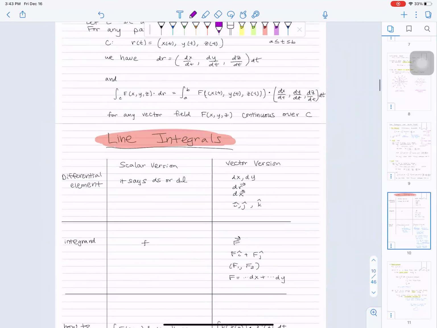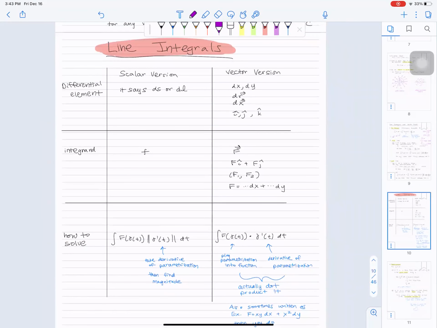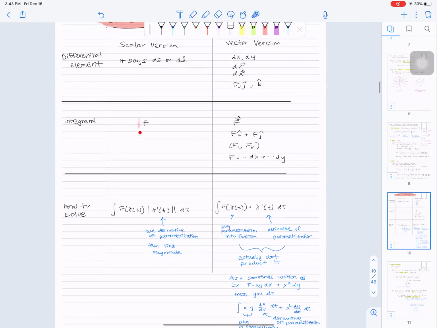Here I have a summary of when you should do what when finding a line integral. If they give you this lowercase f, that's a clue that they want you to use the scalar version, meaning the version where you're using the length of the derivative.